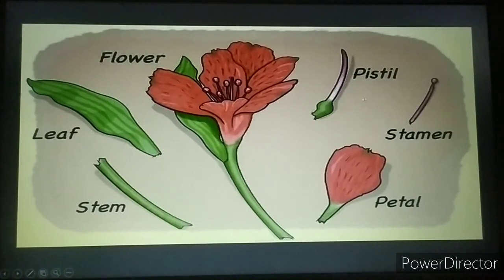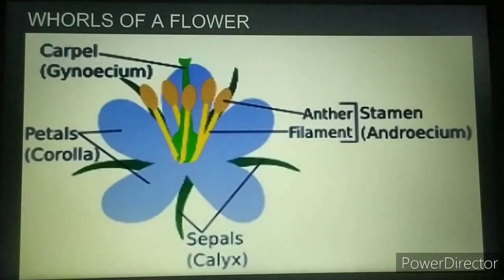Here you can see the stamen, and the center part of the flower is the pistil, which is composed of the style, stigma and the ovary. So here are the four whorls of the flower.